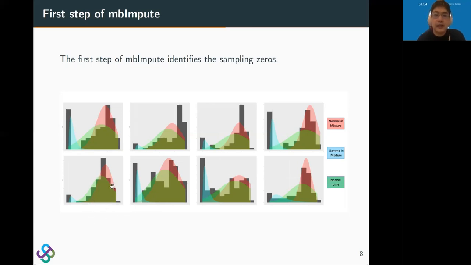If that's not the case, we will not regard this small part over here as the false zeros. Does that make sense? A simple answer would be that we just have 2 models. One is a normal only model, the other is a mixture model. So we're just comparing whether the mixture model fits better than the normal only model.